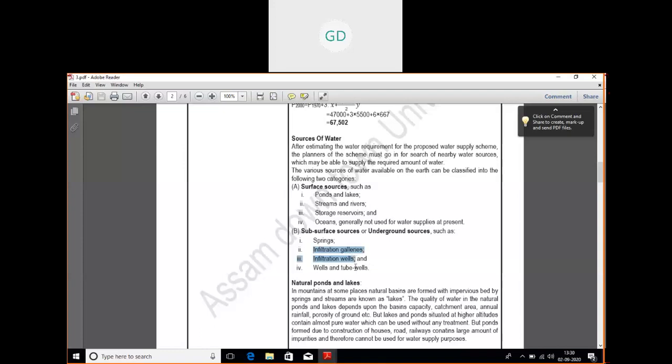The main principle of infiltration galleries and infiltration wells is to collect water. From there the water is taken to a sump well, which is basically a storage type of thing. From there a pump is connected and the water is pumped directly to a treatment plant. So these are the sources of water, surface and subsurface.